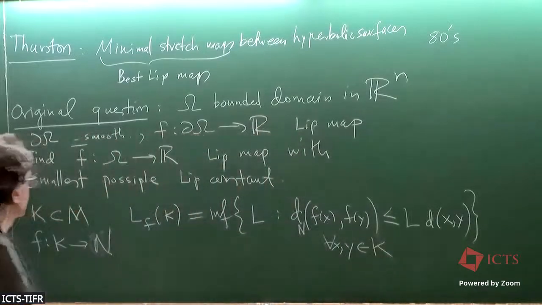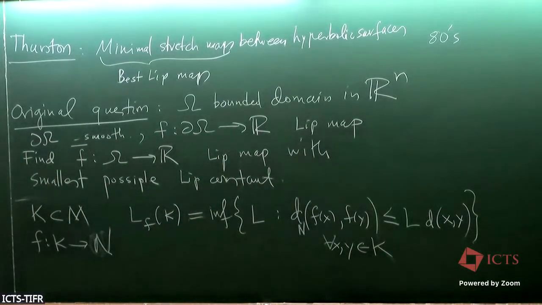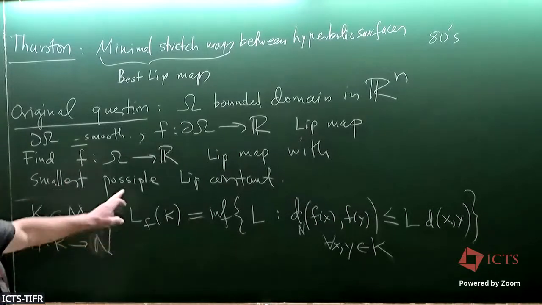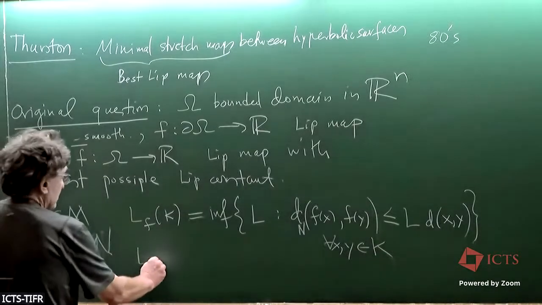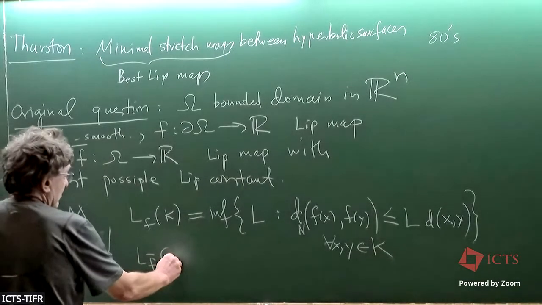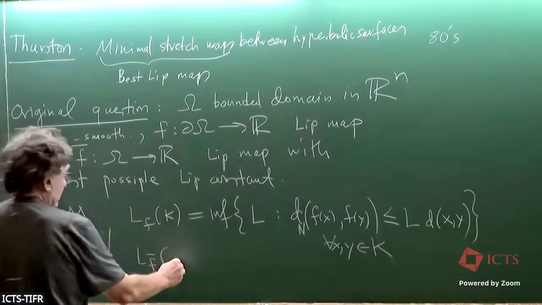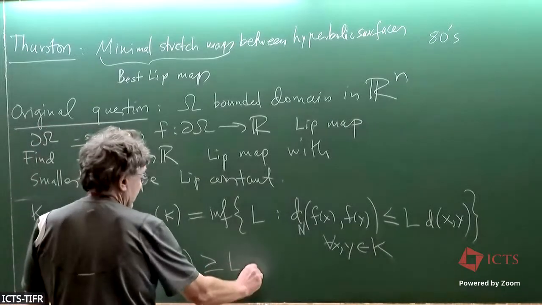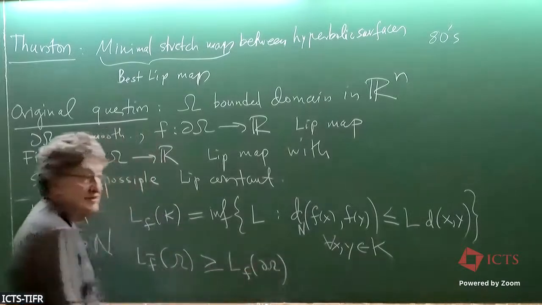Okay, so in this notation, clearly, if such a map existed, because it restricts to f, the Lipschitz constant of f bar on Omega must be greater or equal to the Lipschitz constant of f on the boundary of Omega.